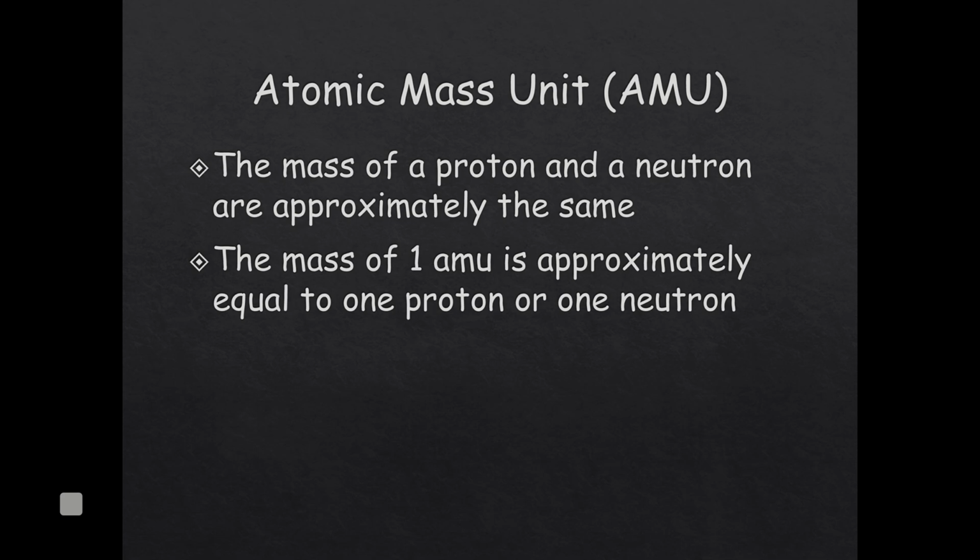And we say 1 AMU is equal to 1 proton or 1 neutron. So the example with the K, if I said what's the mass of K, it would technically be 39 AMU, because we have 19 protons, so 19 AMUs plus 20 neutrons is 39. Okay, so that's what you'd be looking at there.